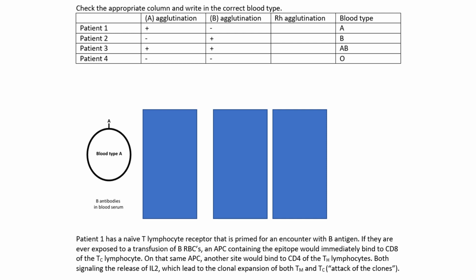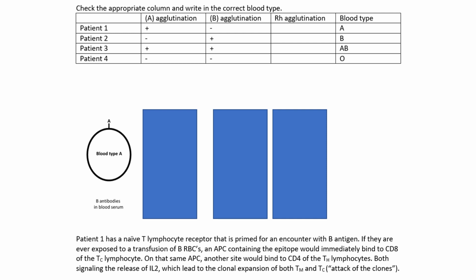And interleukin 2 is going to lead to clonal expansion of both T memory cells and T cytotoxic cells. So basically, that interaction, that immunological synapse that was just created between this antigen presenting cell to stimulate both T helper and T cytotoxic cells is going to lead to the attack of the clones, where we have that one T cytotoxic cell making thousands of T cytotoxic cells.